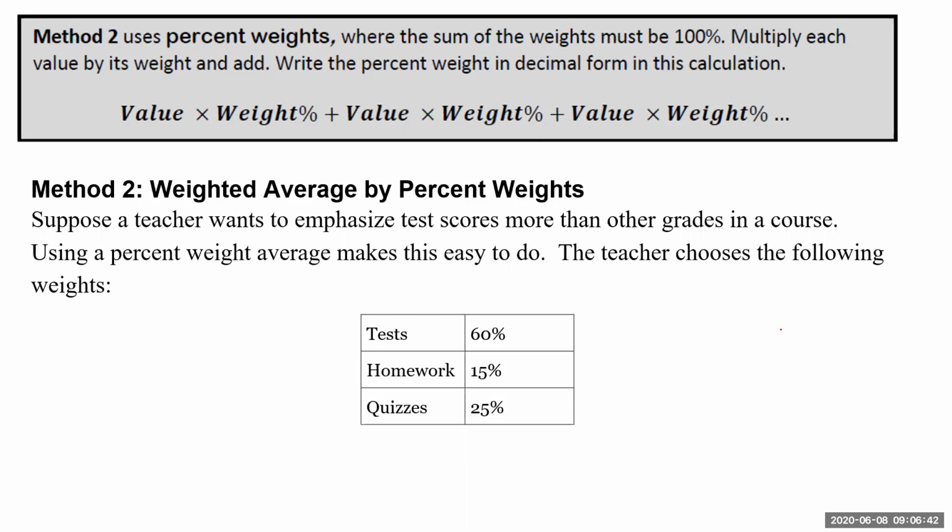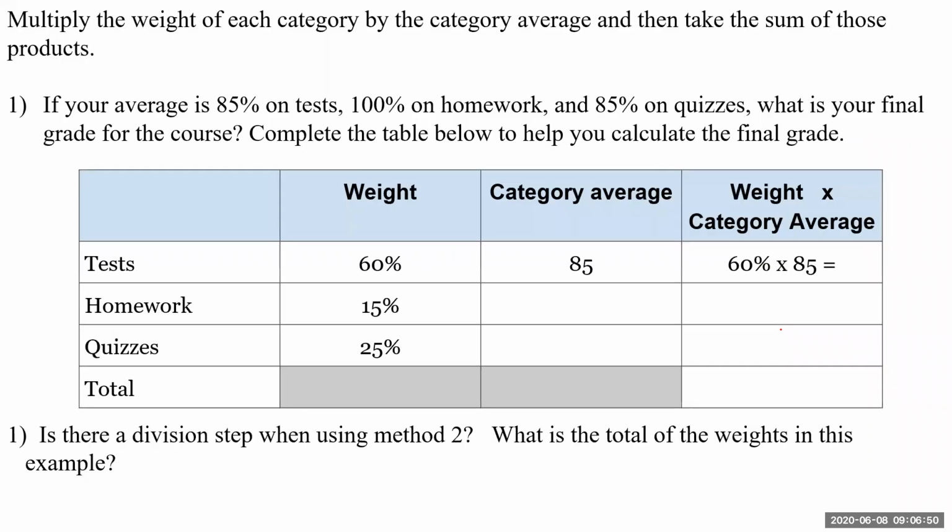So typically, like your class that I just said, tests constitute 60%, homework 15%, quizzes 25%. Now if your average is 85 on tests, homework you had 100%, quizzes 85%, we want to look at your grade for that particular course.